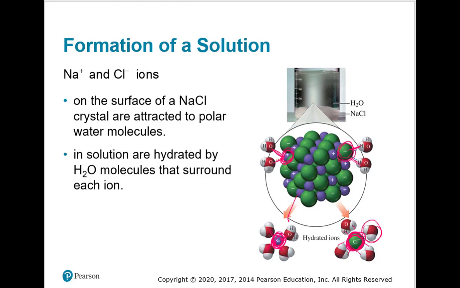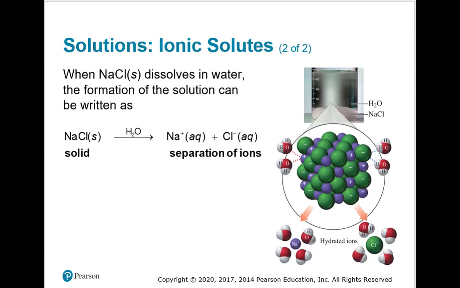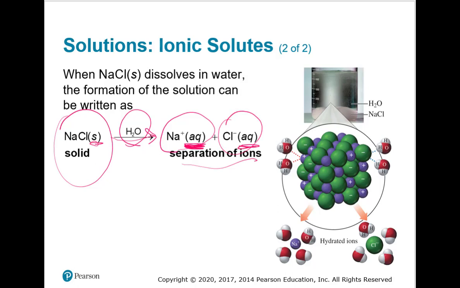See how the water molecules turn so that the H side of that bent molecule is facing the Cl-? When that happens, we can write it like this. We have our solid sodium chloride, and when dissolved in water, we can see the separation of the ions into Na+ in aqueous solution and Cl- in aqueous solution.